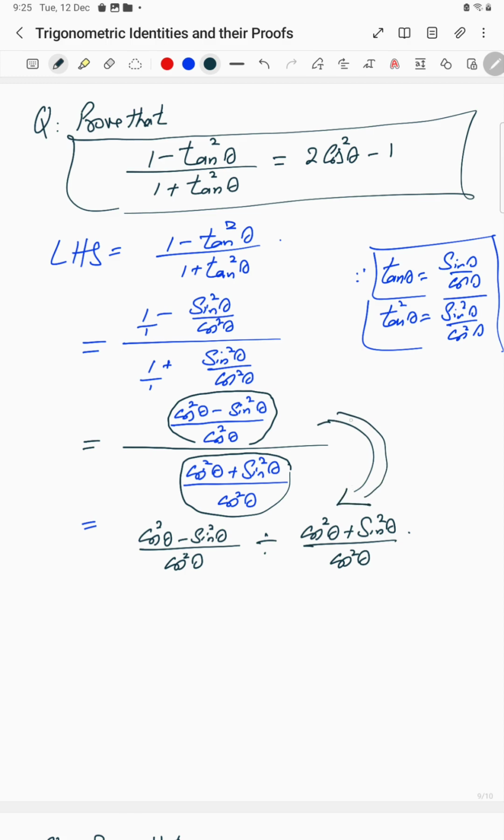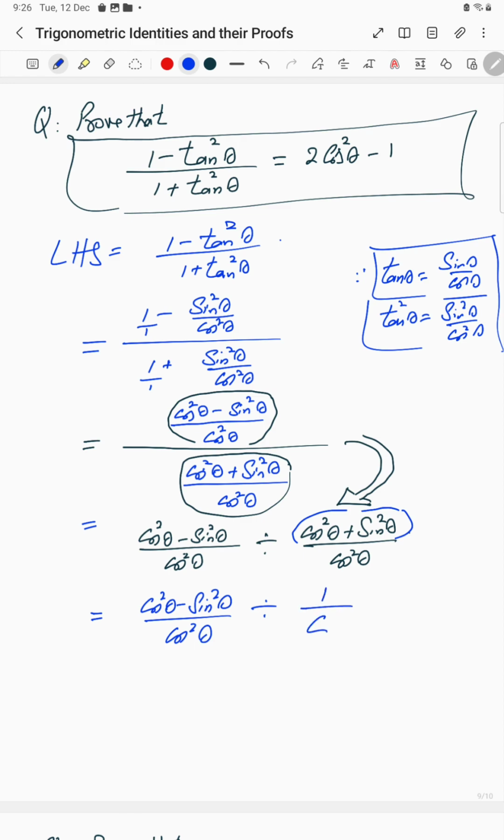So here further we can solve it. Cos square theta minus sine square theta over cos square theta, divided by, here what comes, this identity, cos square plus sine square. Yeah, true, it is 1 over cos square theta.